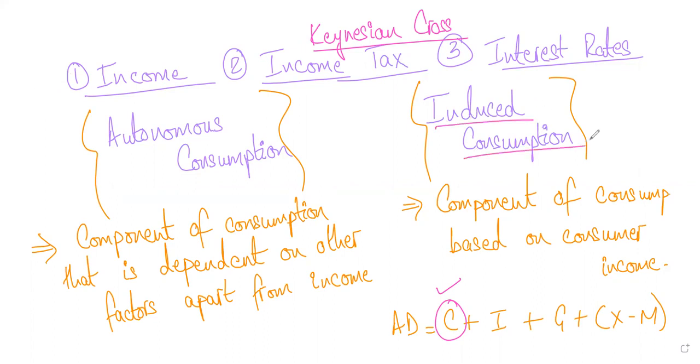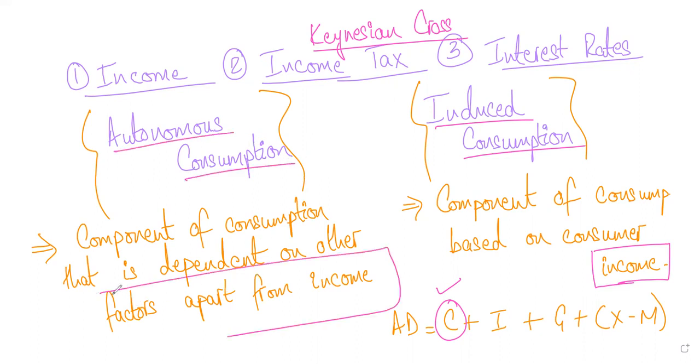One is known as induced consumption, that is dependent on consumers' income. This is what you need to remember. So induced consumption is anything that is dependent on consumers' income. Are you getting me? And autonomous consumption is anything that is dependent on factors apart from income. Anything dependent on factors apart from income. Is everything clear so far?